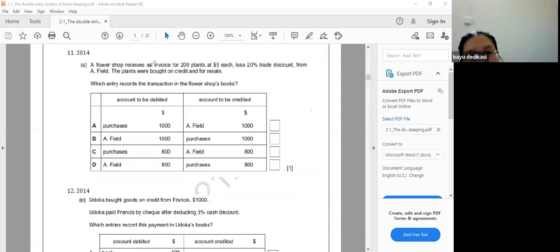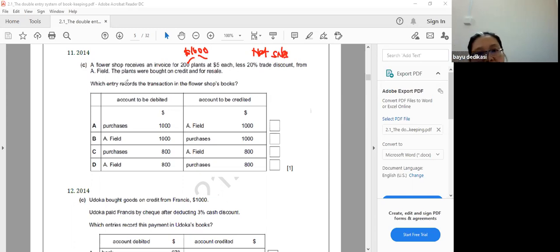A flower shop received an invoice for 200 plants at $5. So this times this is 1,000, less 20% trade discount. So your net sales, okay?